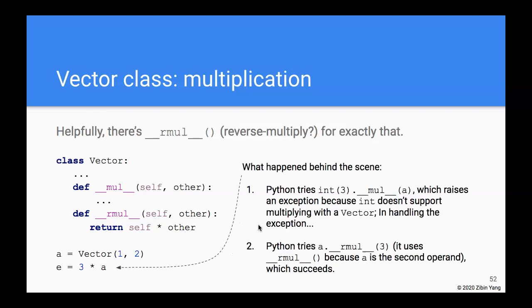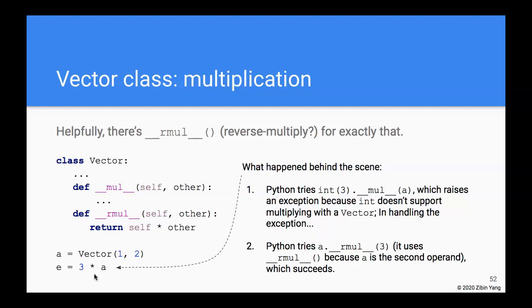So just as a quick summary, what happens when we do multiplication of an int with a vector is that Python first tries the int's dunder mul method, and that method looks at the type of the second operand, which is a vector. It doesn't know what to do, so it raises a type exception, right? Now, when Python sees an exception raised by the dunder mul method, it tries another thing.